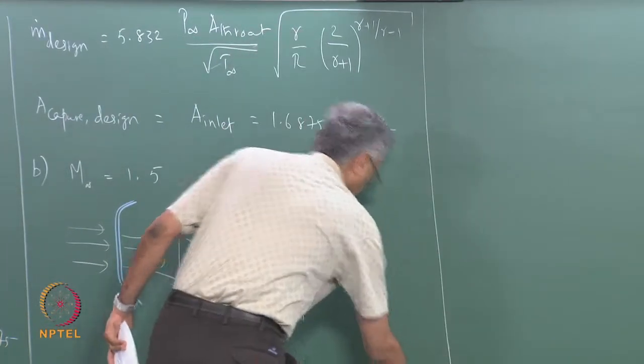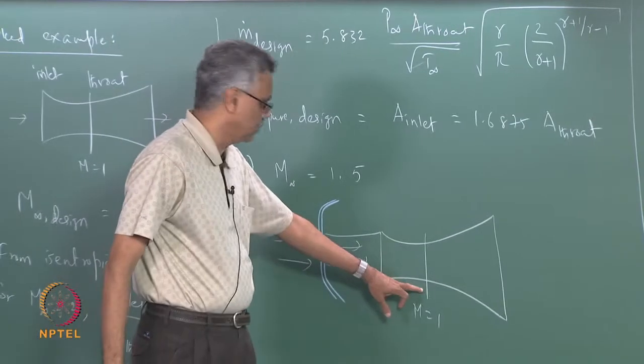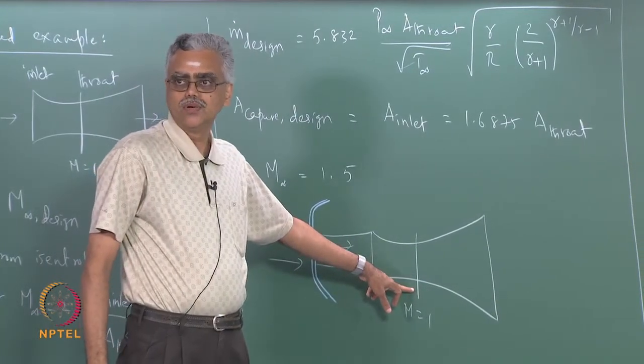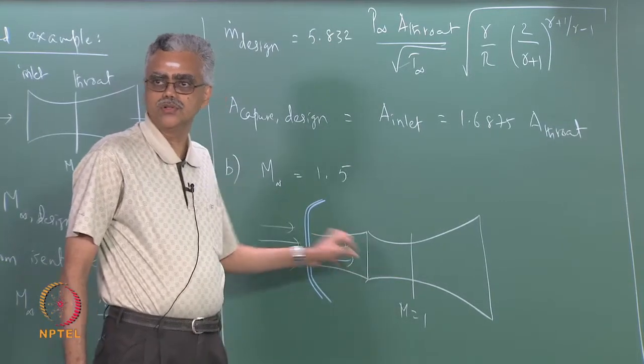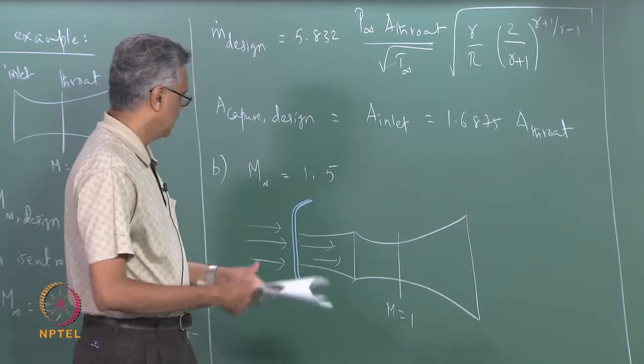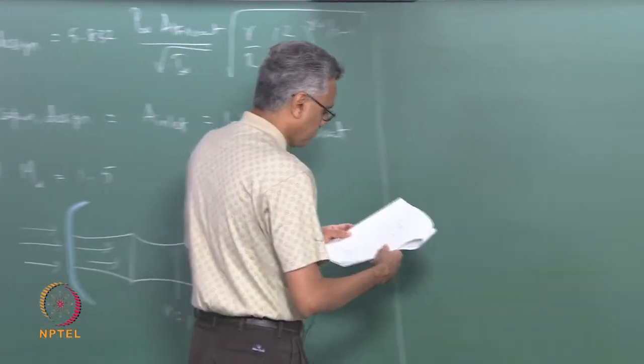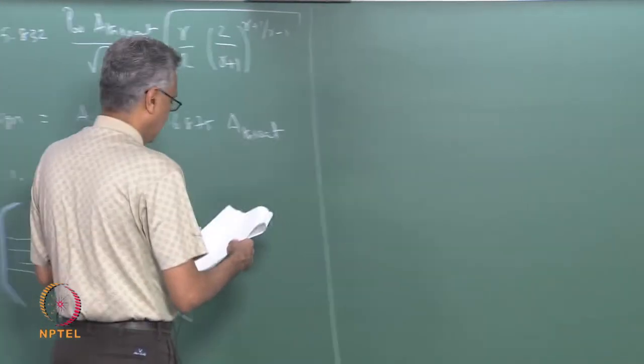The formula for calculating the mass flow rate through the diffuser is the same. Only thing that has changed is the P naught has changed now because of the loss of stagnation pressure across the normal shock wave. So, let us go ahead and do that.